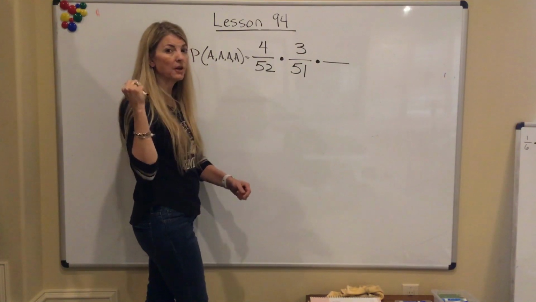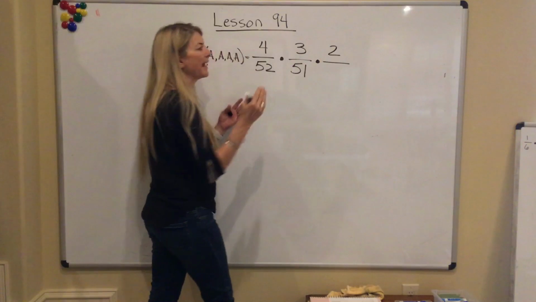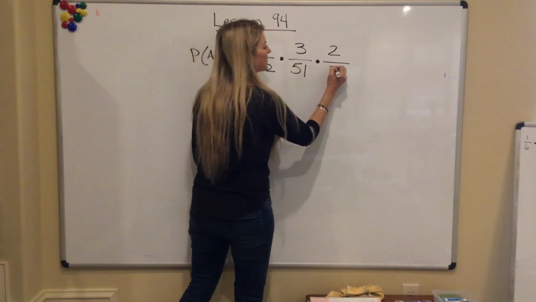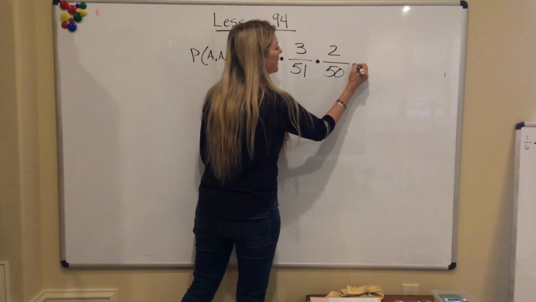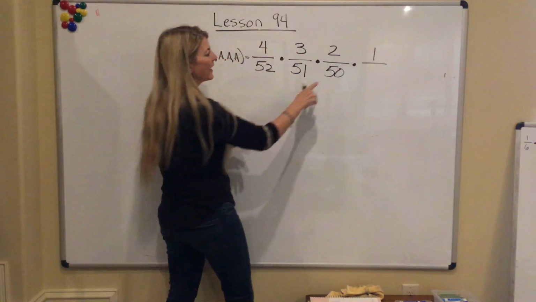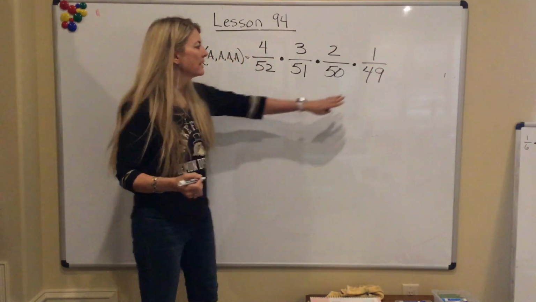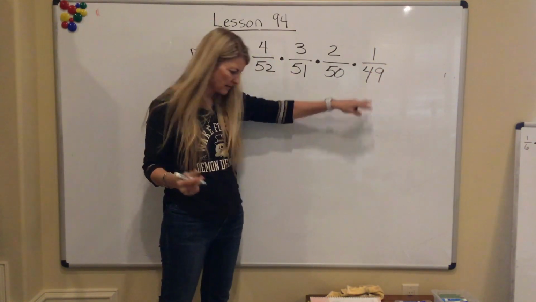Well, 2 aces are gone, so how many aces are left? There's 2 aces left, and how many cards are there now? We're down to 50, okay? And then on the 4th draw, there'd only be 1 ace left in the deck, and if I haven't replaced the cards that I've drawn previously, then there'd be 49 cards left to draw from.